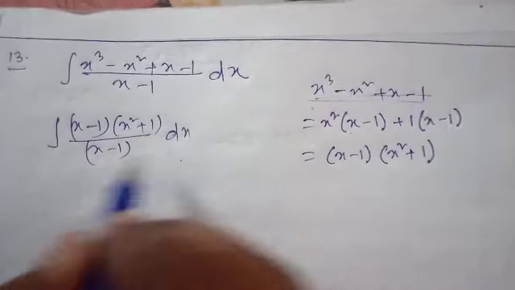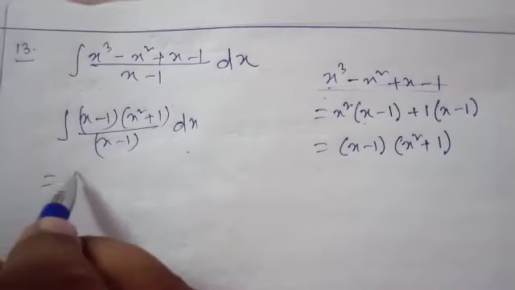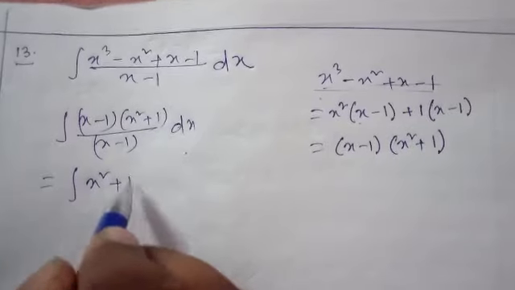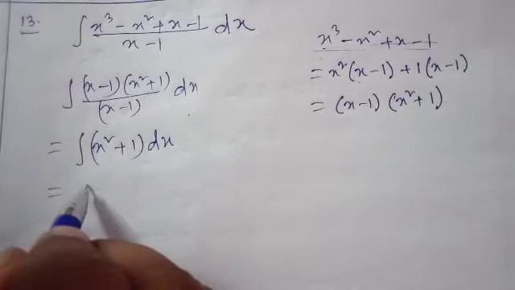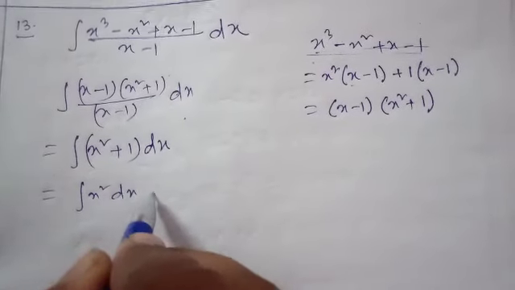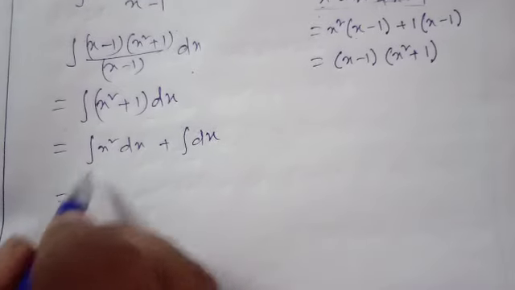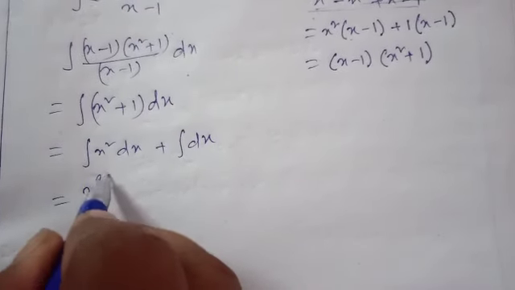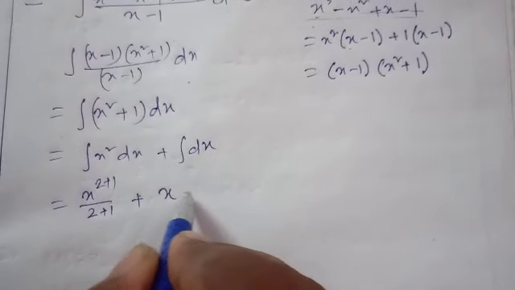You see these two you can cancel, so remaining is x square plus 1 into dx. Here you separate it, integration x square dx plus integration dx. So next here x cube by 3, that is x to the power 2 plus 1 by 2 plus 1, plus x plus c.